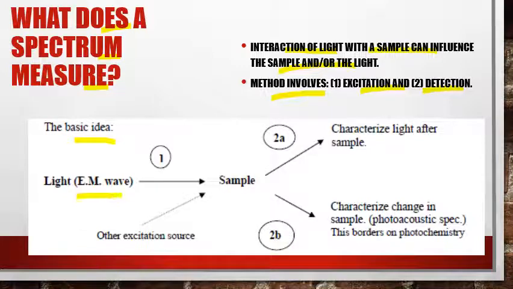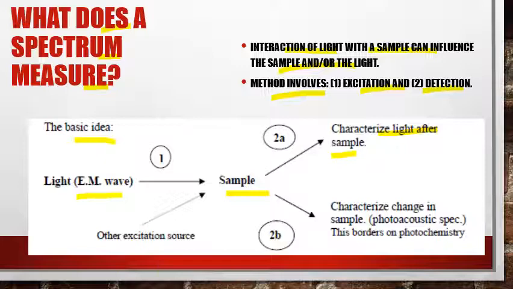The light, which is an electromagnetic wave, is passed through the sample, and it goes for excitation, after which we characterize the light after the sample, or we characterize the change in the sample.